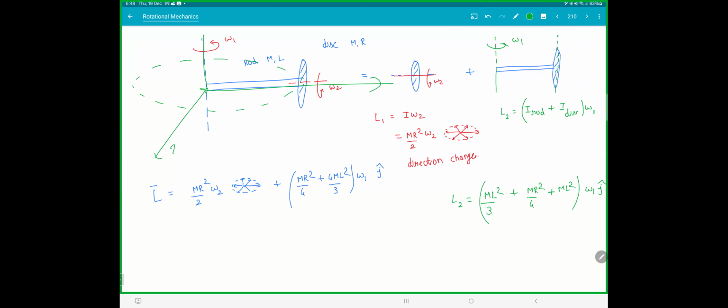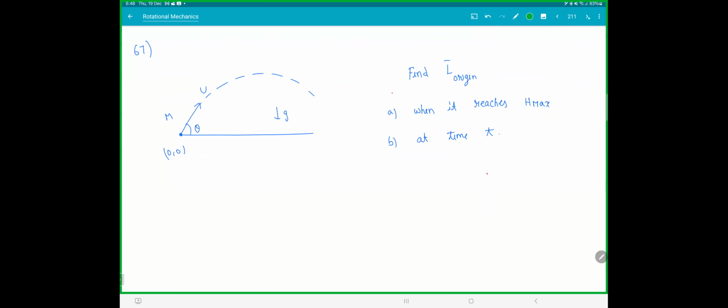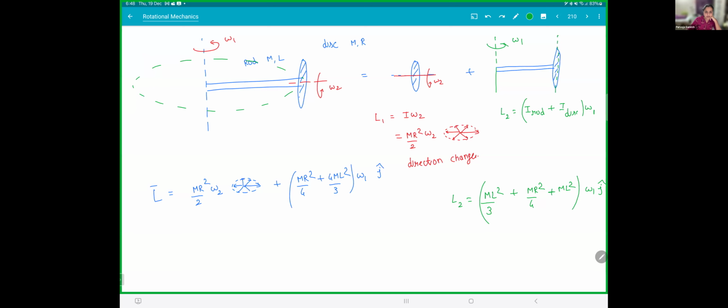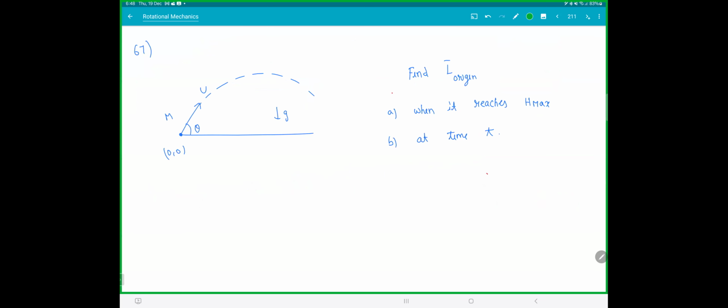So it is rotating in the xz plane, isn't it? So perpendicular is j cap. Clear? But sir, omega 2 is rotating in the y and z plane, right? I have taken this as x, this is y, this is z. So it is rotating in this plane, na?